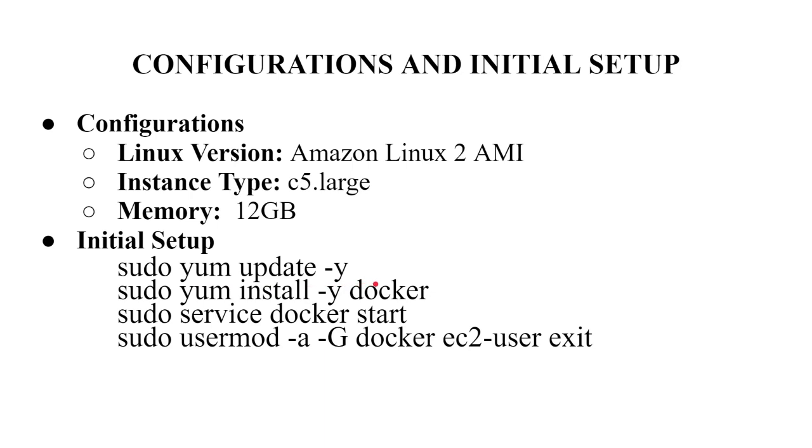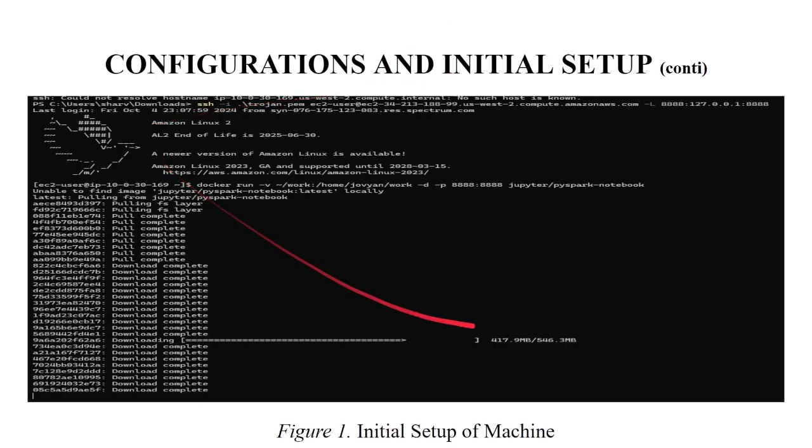First, we updated the system, then installed Docker, then started the Docker service, and then we added a mod as an EC2 user, and then we exited the machine. This is a screenshot of the initial setup.